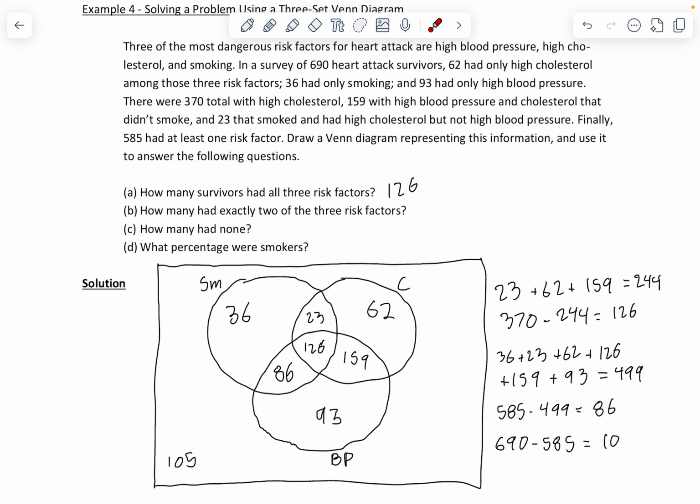If I add those up, 23 plus 159 plus 86 works out to be 268. So 268 had exactly two of the three risk factors. How many had none? That would be the number out here. 105 had none.